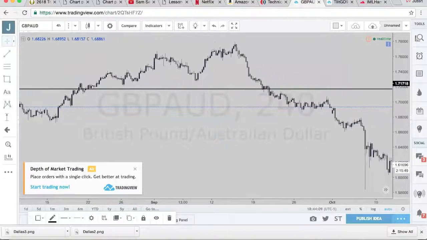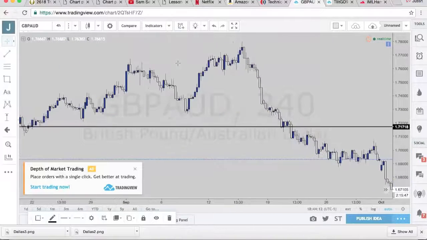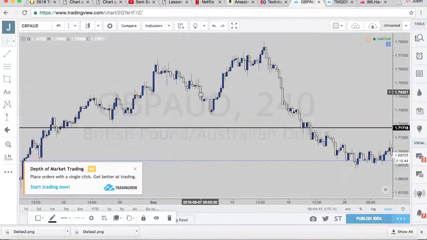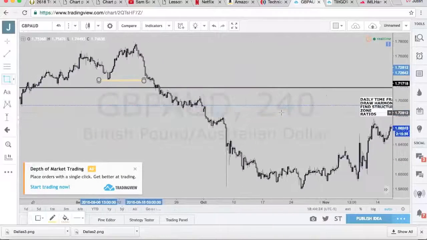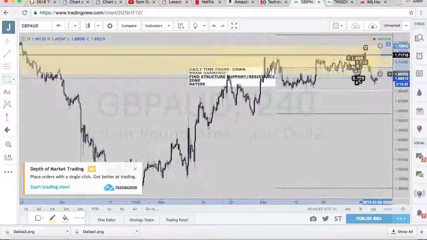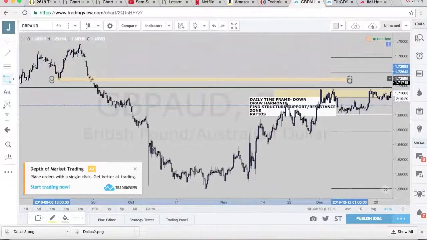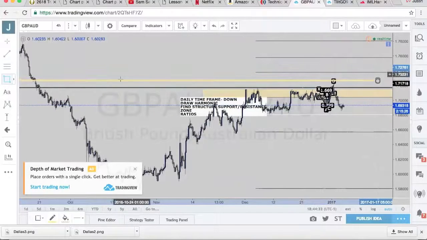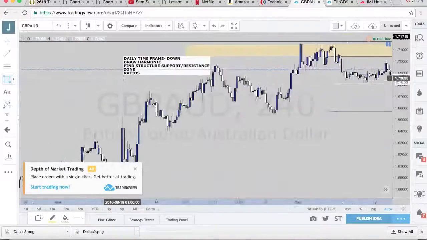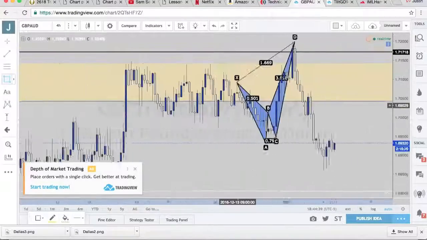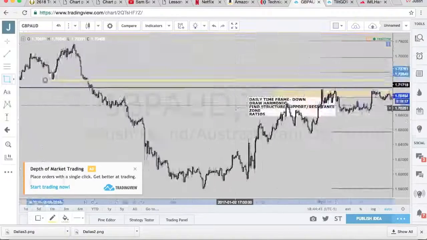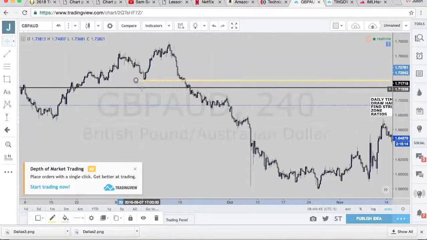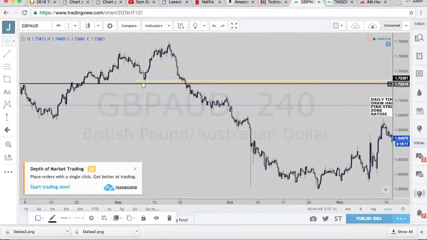And obviously we can see a nice zone to the left right here. Doesn't quite hit it. Okay, so right here. There's an area of resistance right here.